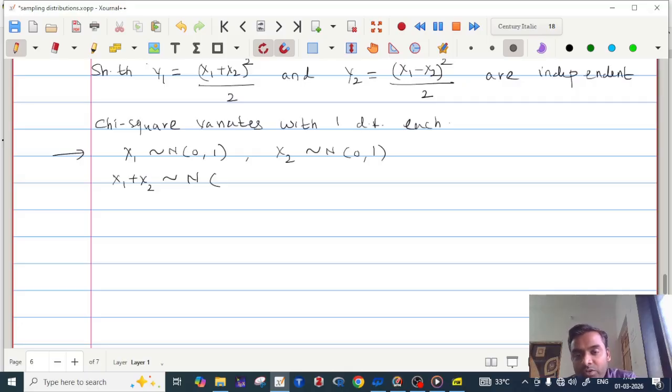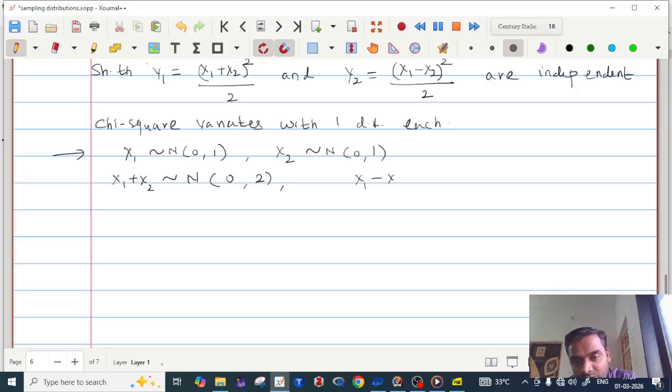The additive property is: if X1 follows normal mu1, sigma1 square and X2 follows normal mu2, sigma2 square, then X1 plus X2 follows normal mu1 plus mu2, that is 0, and sigma1 square plus sigma2 square.